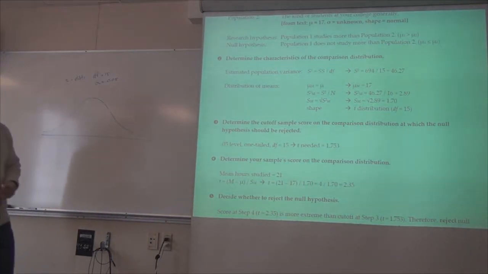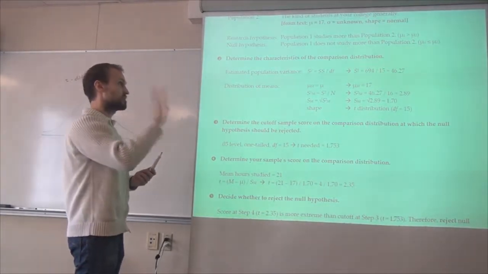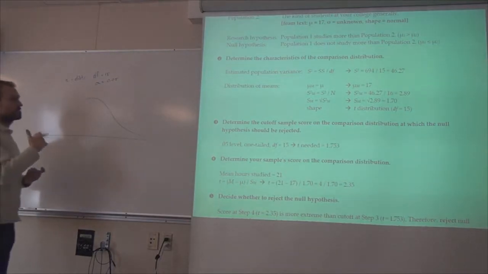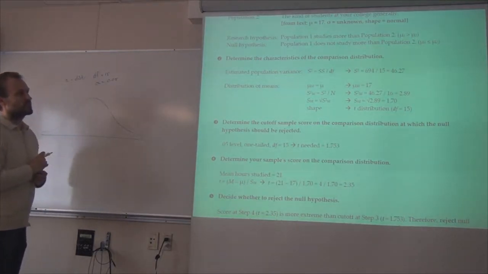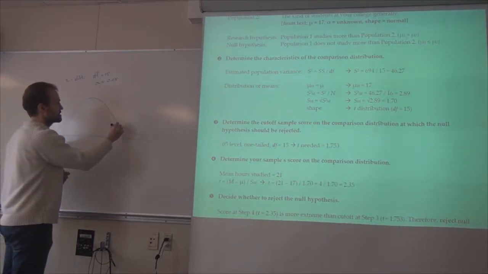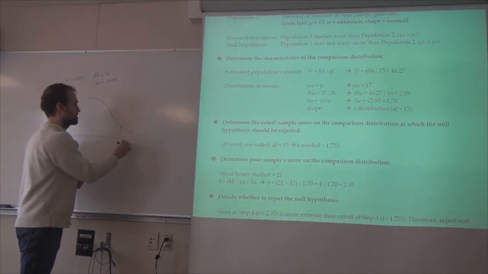Well, my research hypothesis is trying to see if the average number of hours is more than the university-wide average. So my cutoff is going to be here at a t-score of 1.753.